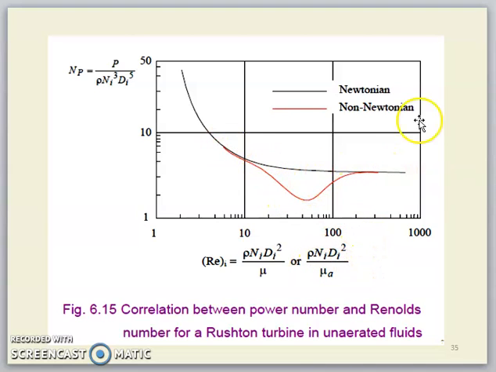Similarly, if we have a different fluid, then what you have to do is similar to the previous example: calculate the Reynolds number. Based on the Reynolds number, find the region and then refer to the type of fluid lines here, Newtonian or non-Newtonian, and then you find the power number for the fermentation.